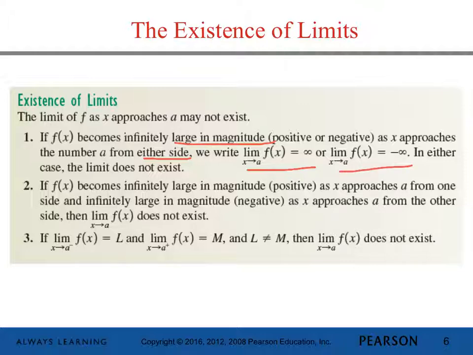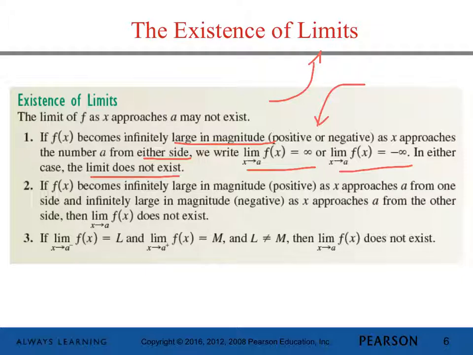And in either case, that limit doesn't exist because, for one thing, infinity is not a number. But on the other hand, usually when this happens, it's because one of the limits does approach positive infinity and the other one approaches negative infinity. So they don't match is what the real problem is.